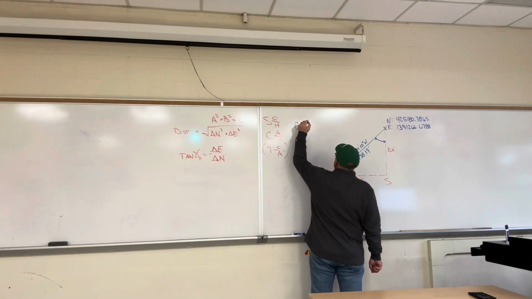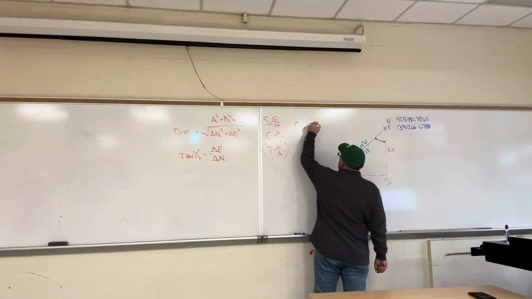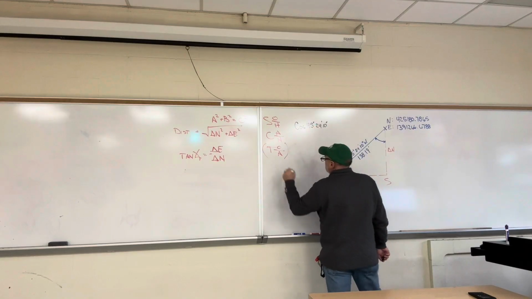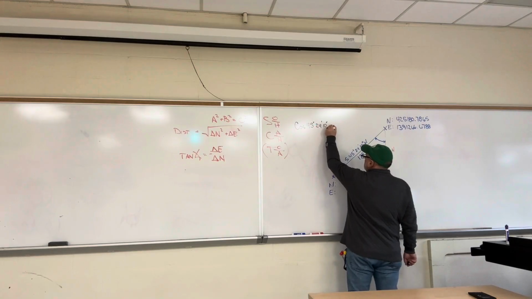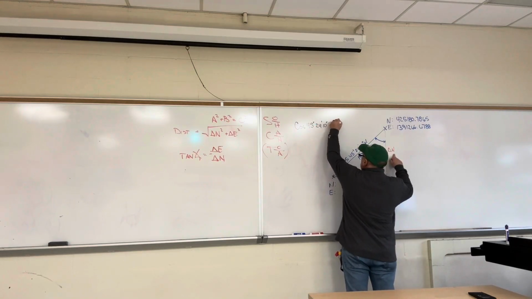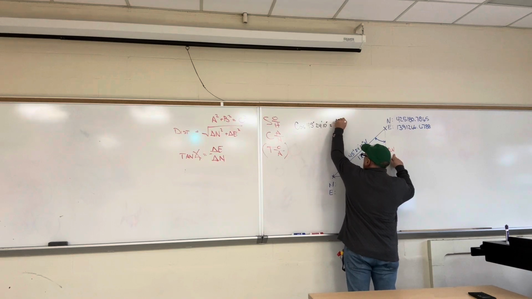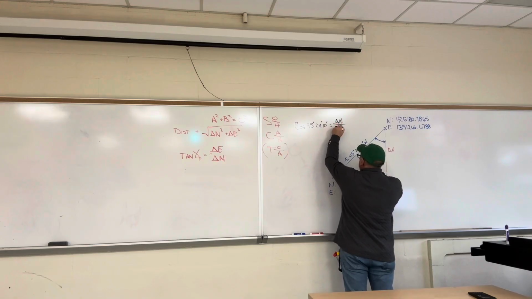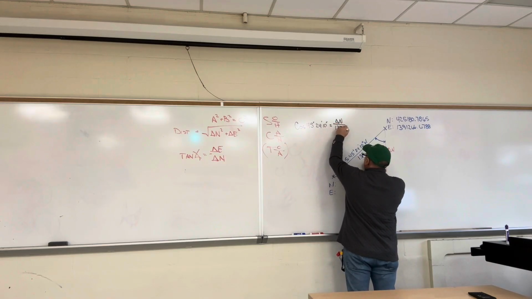So the cosine of 45 degrees, 24 minutes, and 10 seconds is equal to the adjacent side, which is going to be my delta northing, divided by my hypotenuse, 138.19.